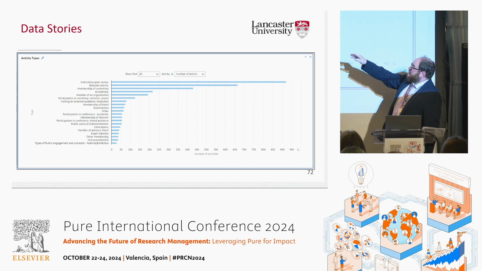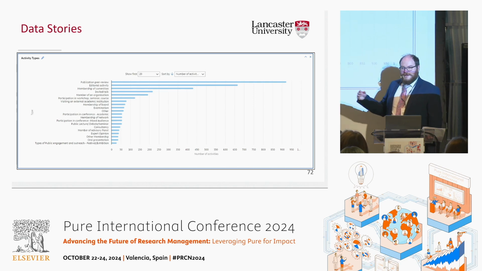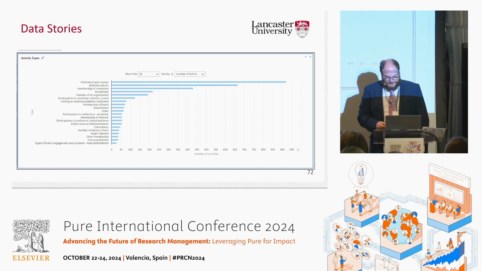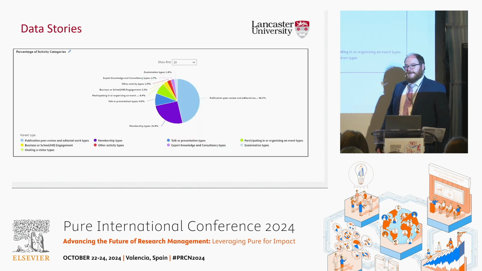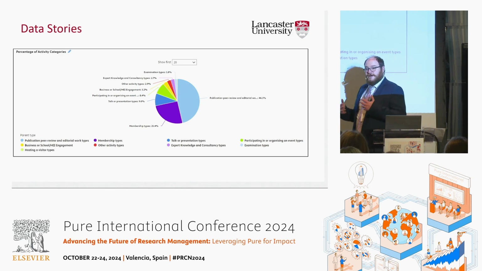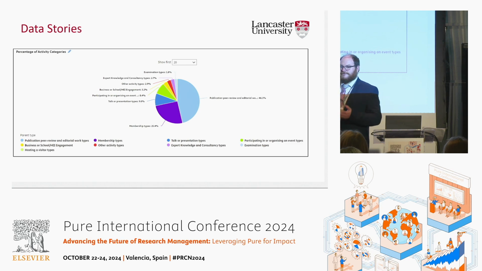We have limits on just show the top 20, because if you show everything, you can't read it. And if you don't like bar charts, you can have it in a nice pie chart, because we all like pie charts. And those form the data stories that you can start sharing with people, so they have a visual representation of what's going on in their departments.